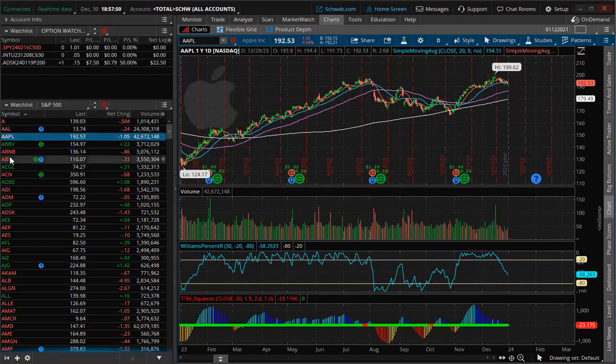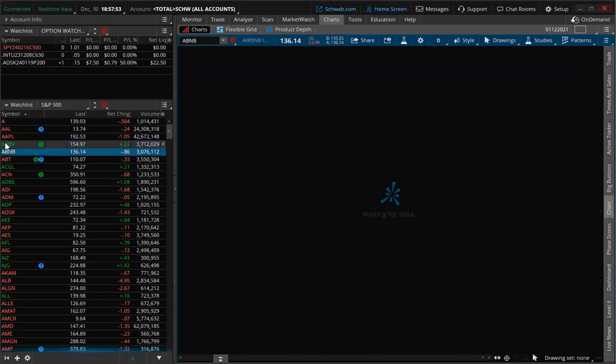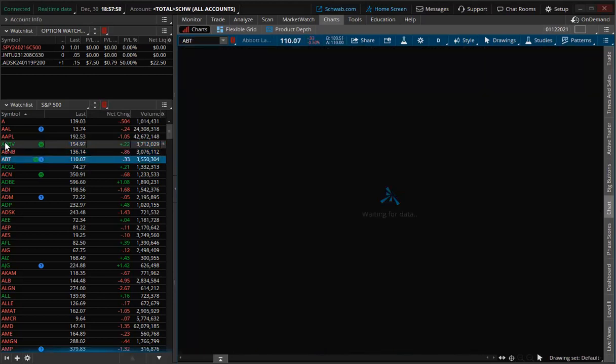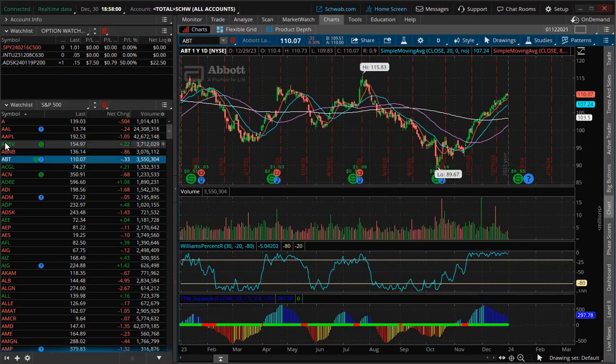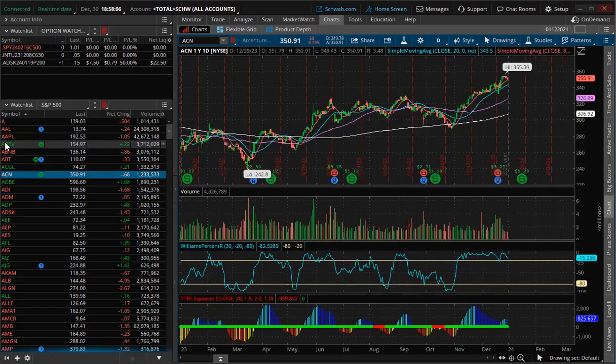So that when I'm going through my list, it makes looking and studying what the different stocks are doing at any time, or just before an opening, easier.